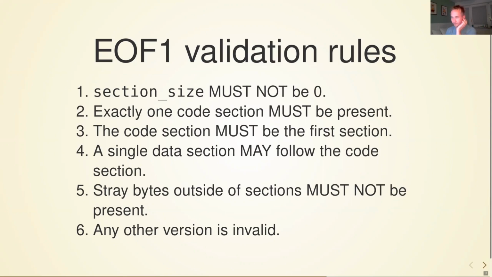It's not critical to understand all of these right now, but for example, we define that there must be exactly one code section in this container, and there may be one data section. So you can have zero or one data sections in the container.